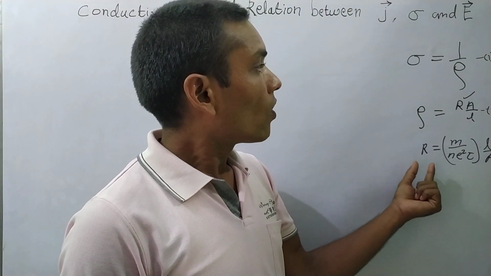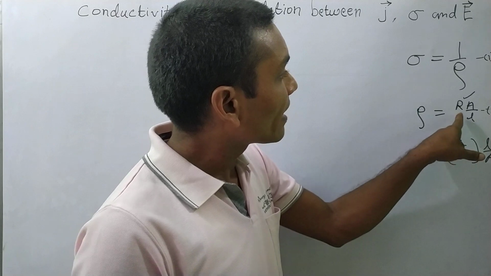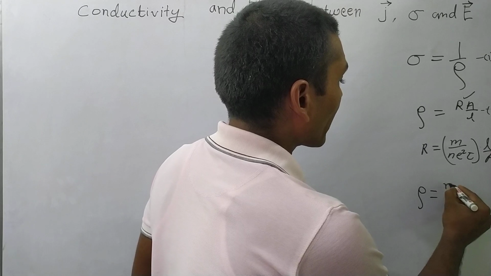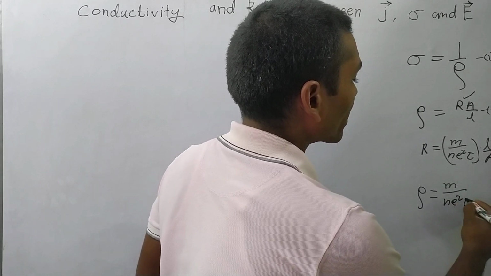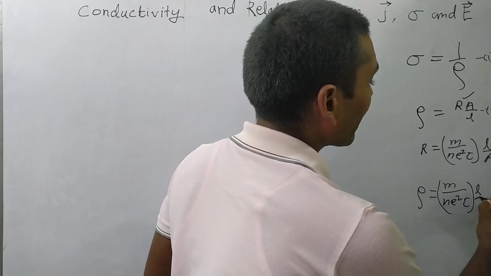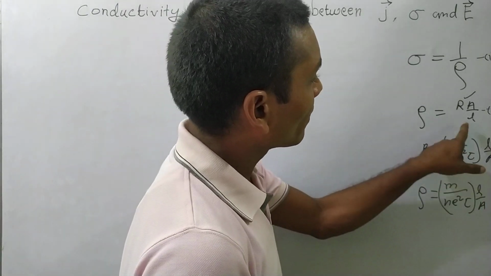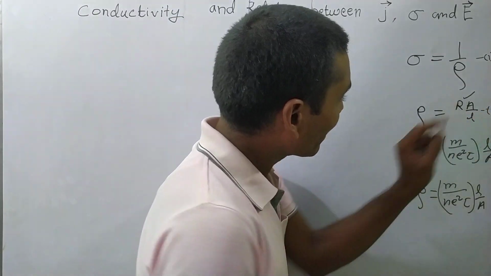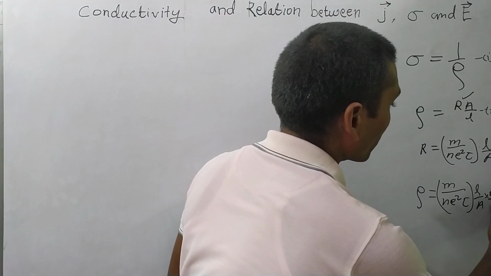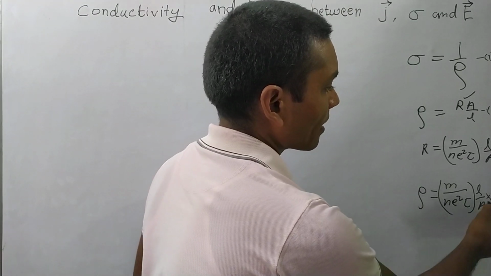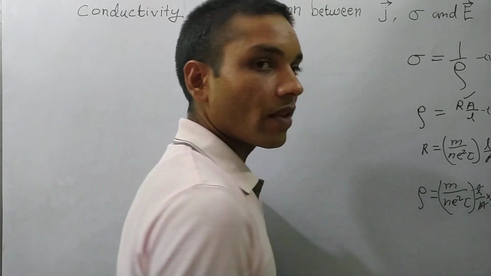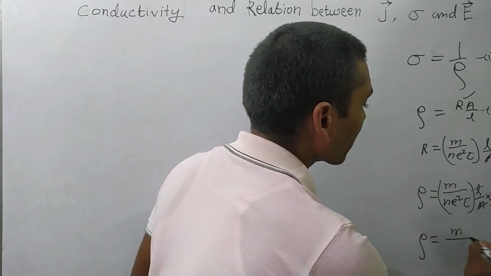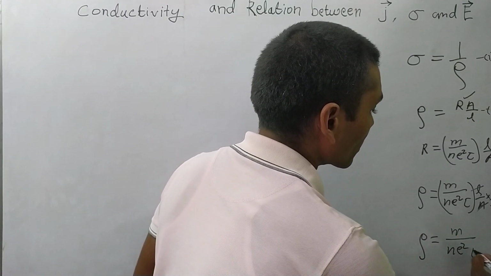On putting the value of resistance in the second equation, the resistivity is m upon n e square tau into L upon A, multiplied by A upon L. A cancels A, L cancels L, so the resistivity of that conductor is m upon n e square tau.